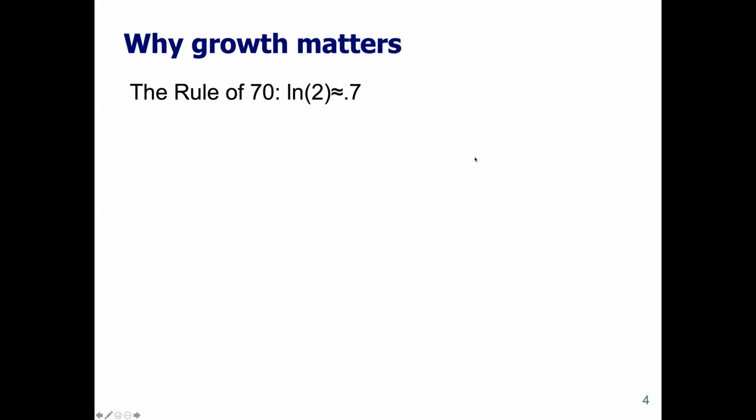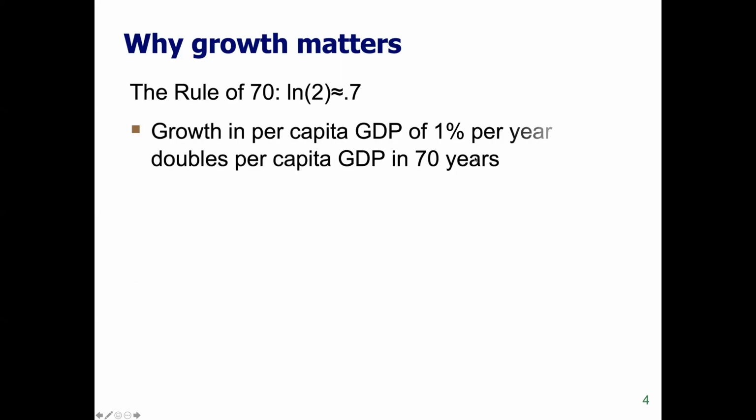And the rule of 70 that we've talked about before in the class is helpful for thinking about this. Growth in per capita GDP of 1% per year doubles per capita GDP in 70 years, because 70 years times 1% per year gives you a 70% increase, which is roughly a doubling.